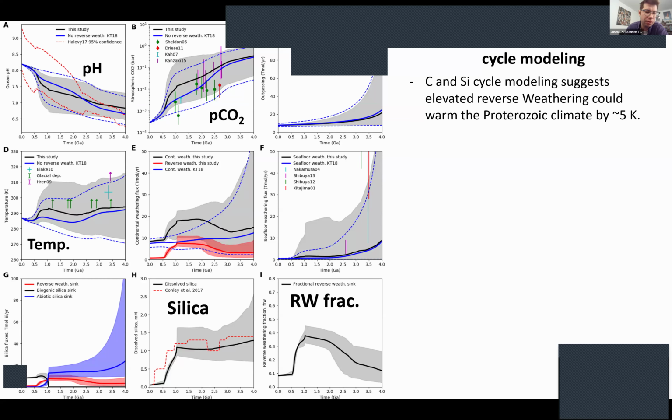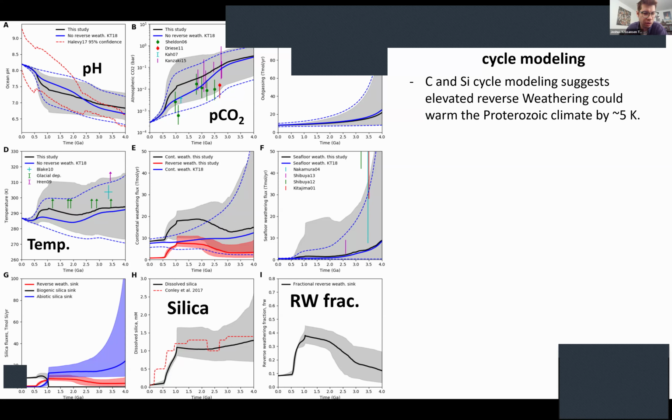So there is some evidence for biogenic silicification earlier, like before it became really ecologically significant. I think what we did here was just impose a ramp to kind of integrate over our ignorance there.